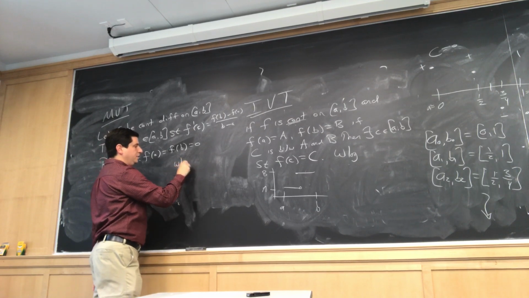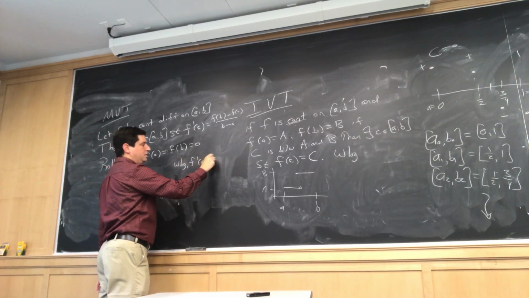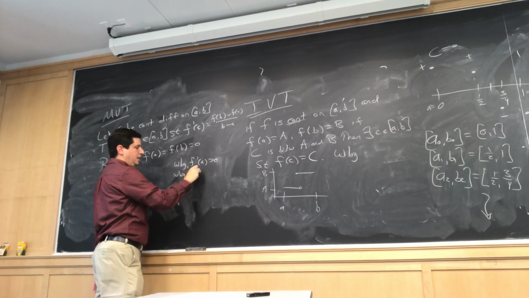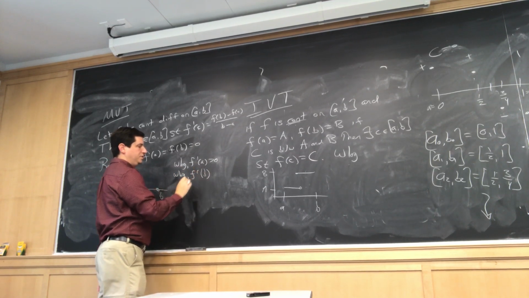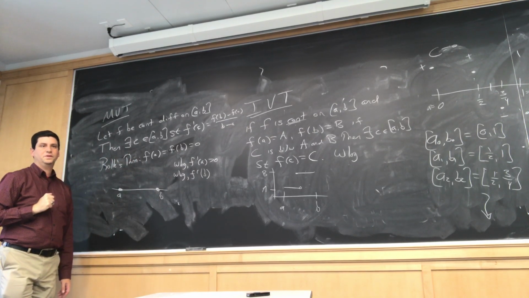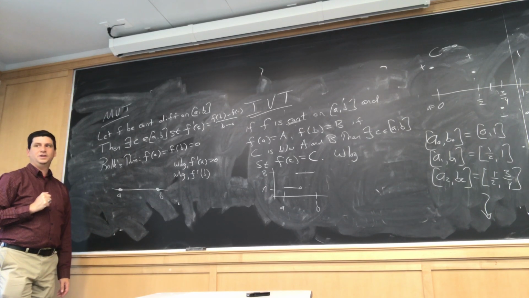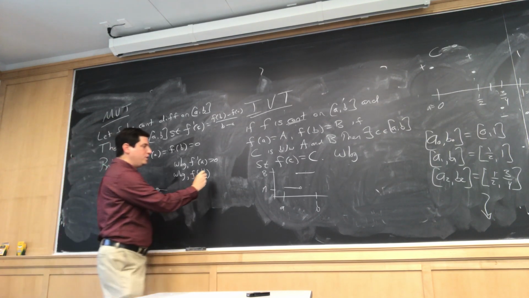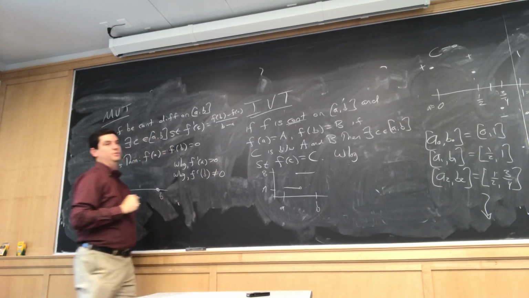Without loss of generality, f prime of a is greater than 0. Without loss of generality, f prime of b is what? Less than zero? So can we assume that f prime of b is less than 0? I think all we can do is just say it's not 0.